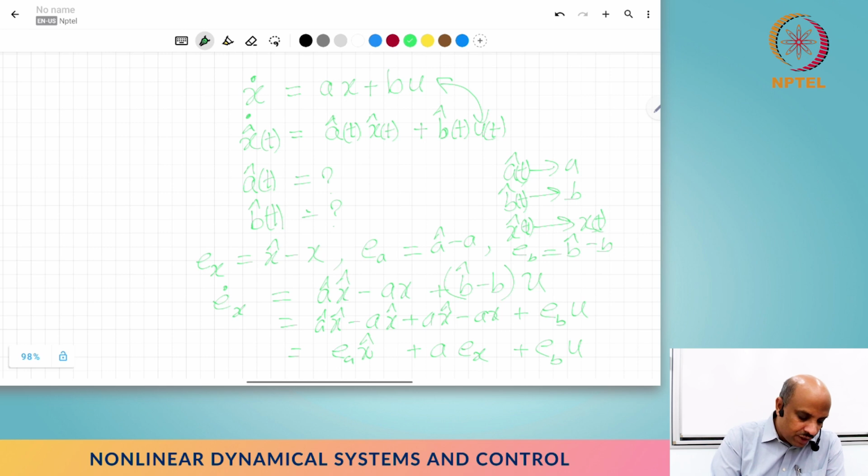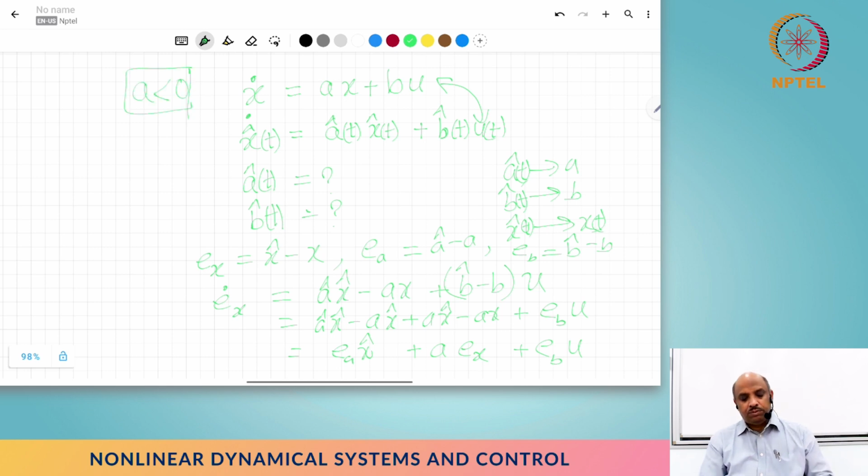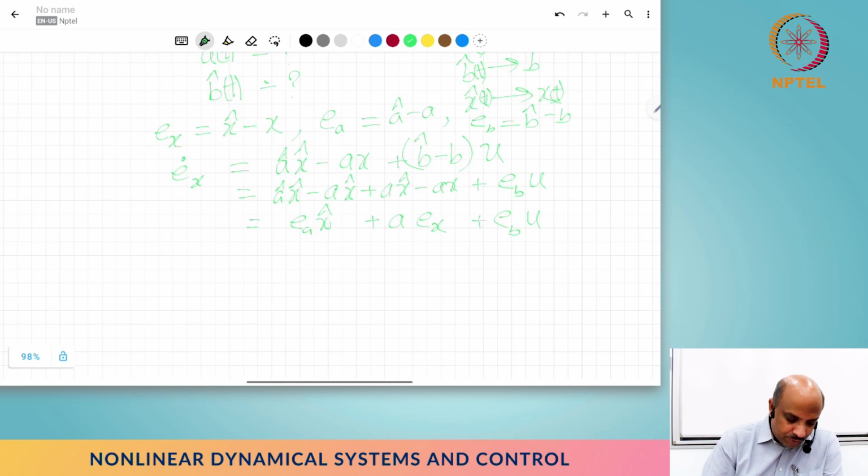Here we assume that a is less than 0. If you want to deal with a positive, then we have to do more work, and I'm not going to consider that example. So basically what we have is e dot x is equal to a times e x plus e a times x hat plus e b times u.